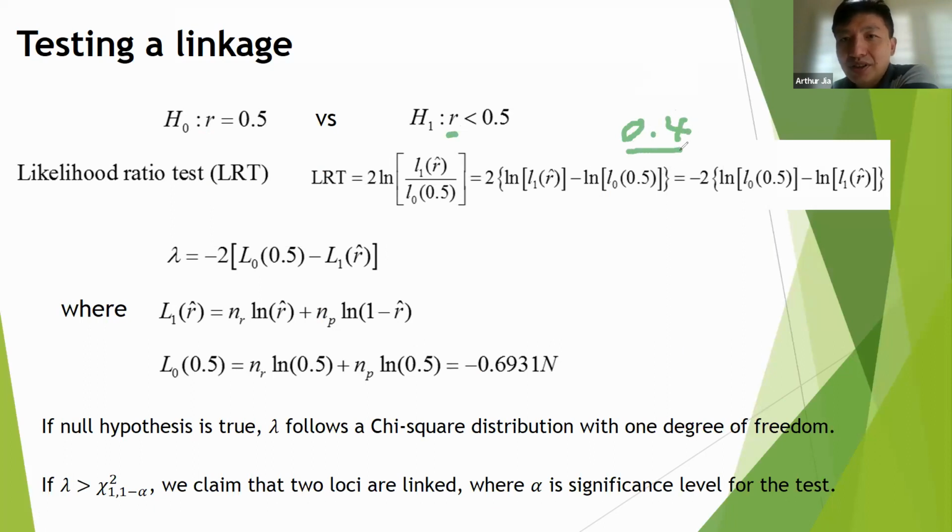You don't know if this 0.4 is really less than 0.5, so you want to test how significant this R equals 0.4 is, right? In other words, based on your data, you hope to test the linkage between these two loci.